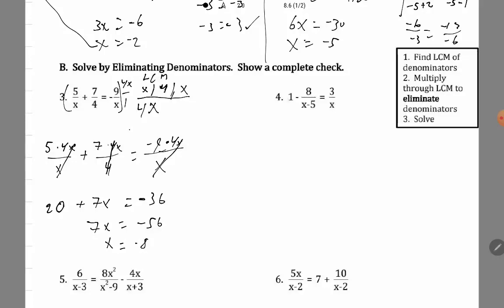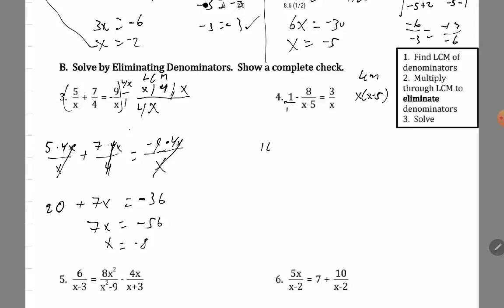Number 4. So remember when we have a whole number, you just put it over 1. So now we're going to find the LCM, which happens to be x times x minus 5. So we're going to multiply the entire equation by x times x minus 5.